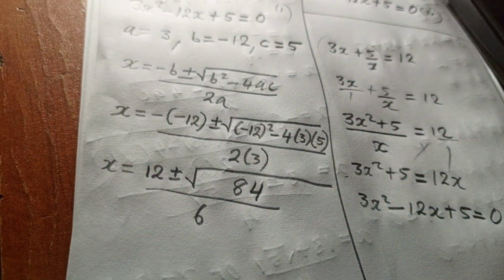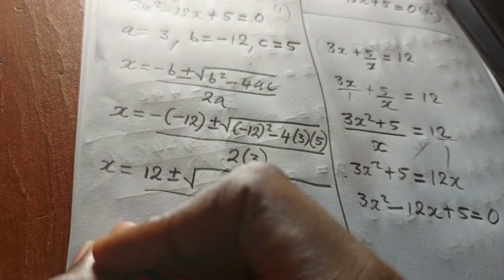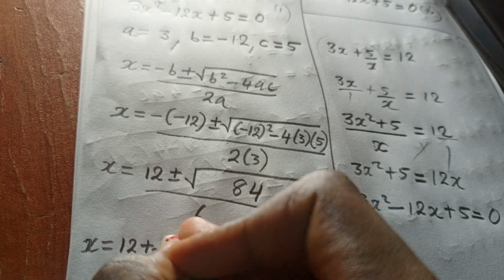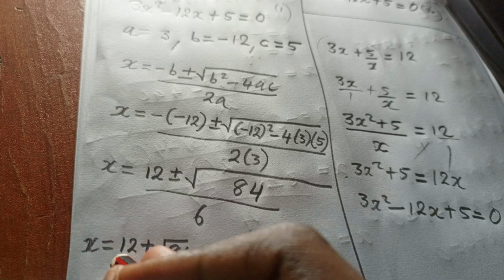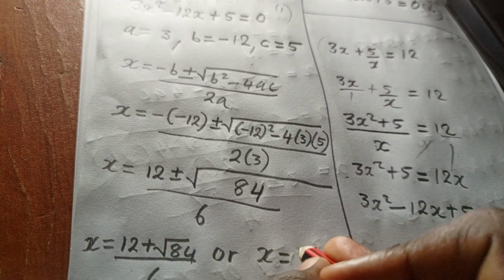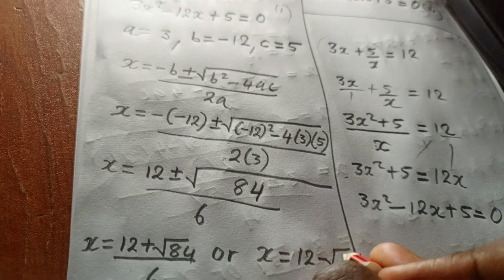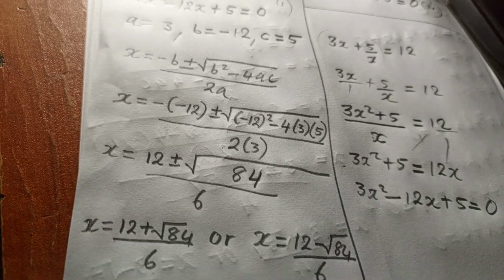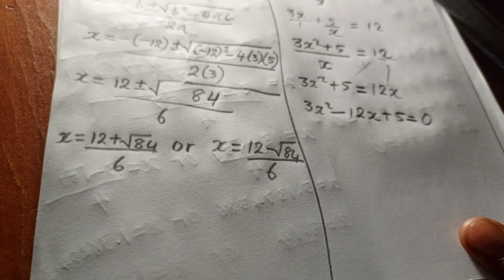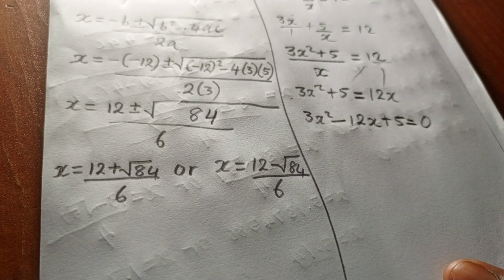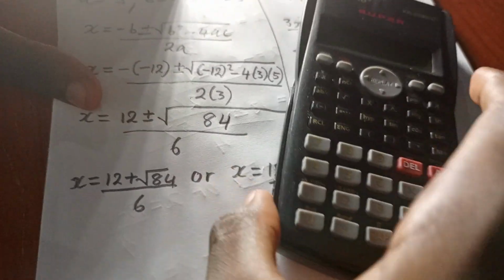Now comes the part of separating. So x is equal to 12 plus the root of 84 over 6, or x is equal to 12 minus the root of 84 over 6. As you know, we have to punch these on our calculator.